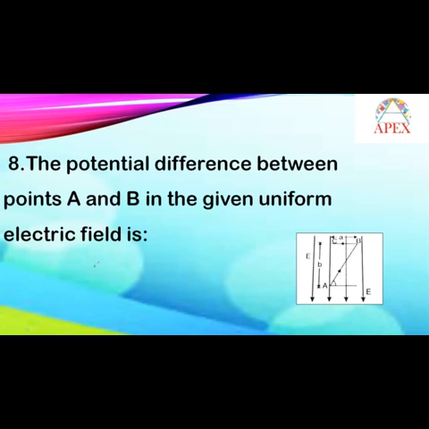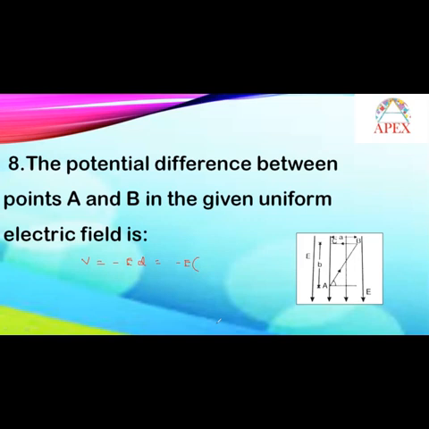Potential difference is nothing but minus E bar dot dr bar, you will get that. E into d you can calculate. Simply in magnitude it is E into d. So this is equal to minus E into d.